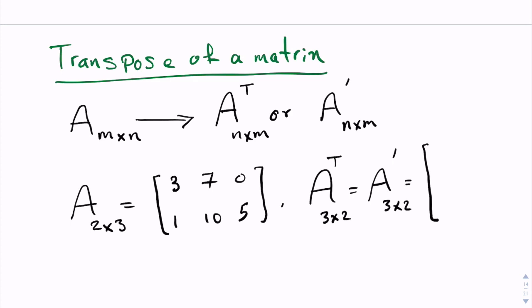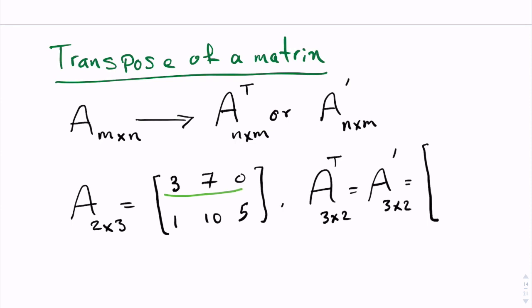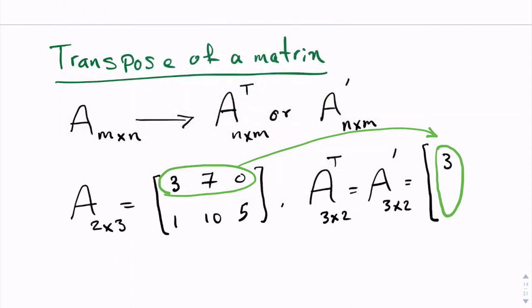I get the first row of this matrix and put it as the first column of the new matrix: 3, 7, and 0.